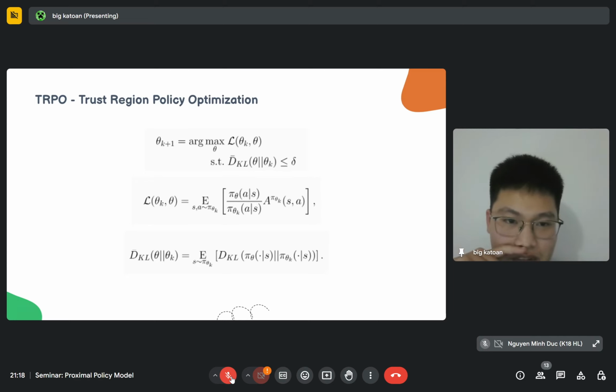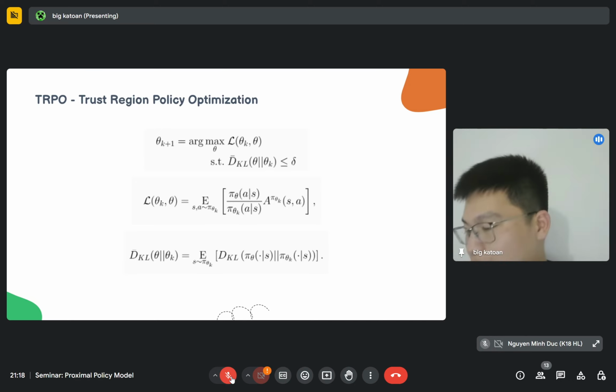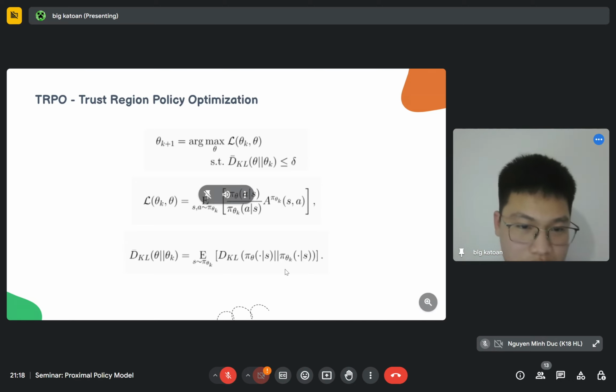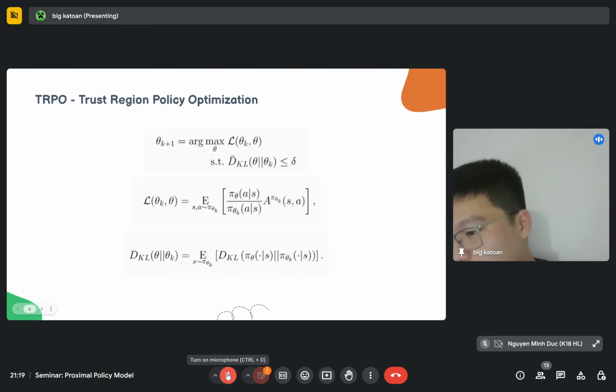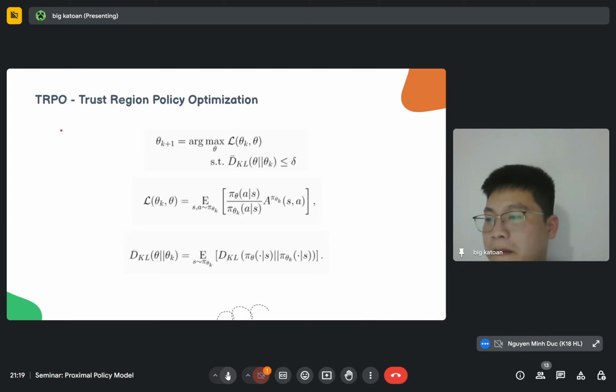A of pi theta k of s, a, right? Yes, this is the surrogate advantage, and the surrogate advantage is the reduced sum of the rewards. So it's like an add-on to the function, and the main part is that we try to converge p theta to p theta k. It's the main part, right?